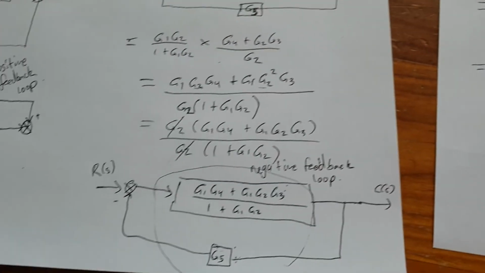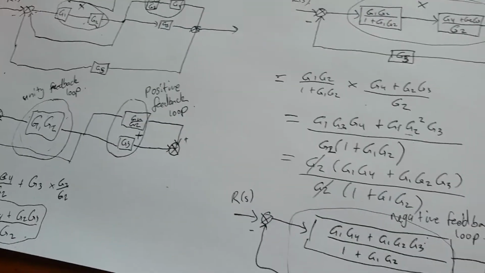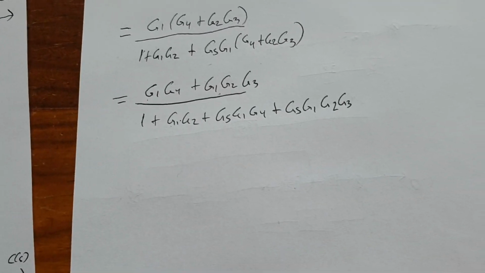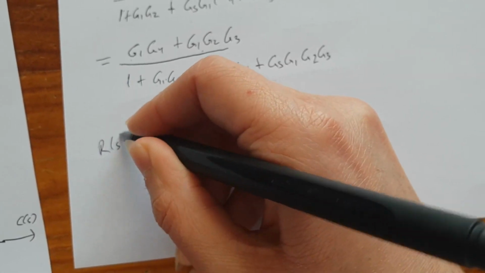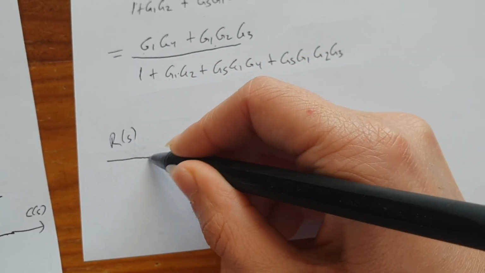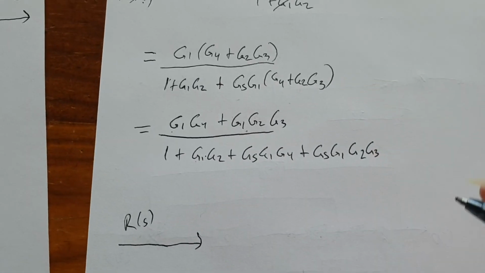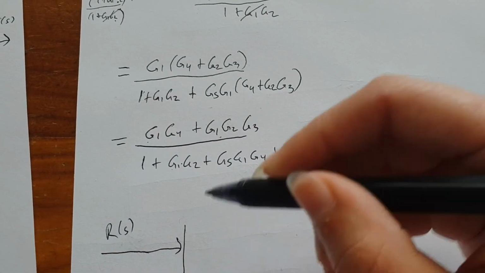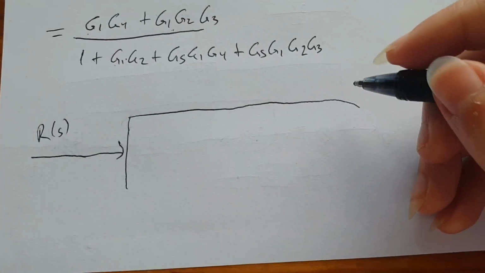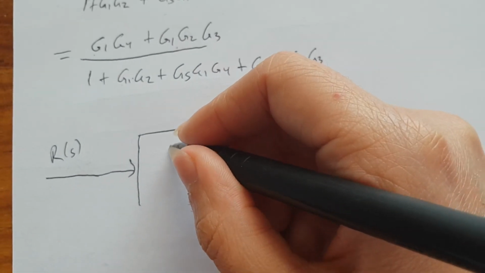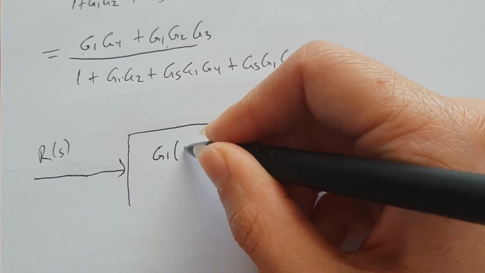Okay, so now all we have to do is just write out our last reduced form. So we have R of S going into our new function. Let's just write it with the G1 out maybe.